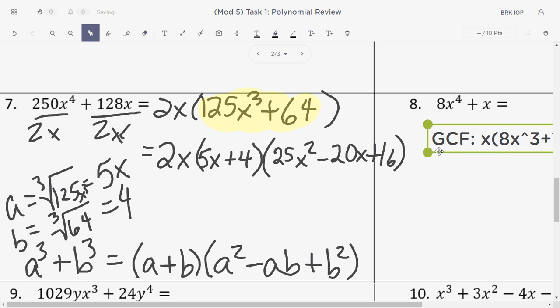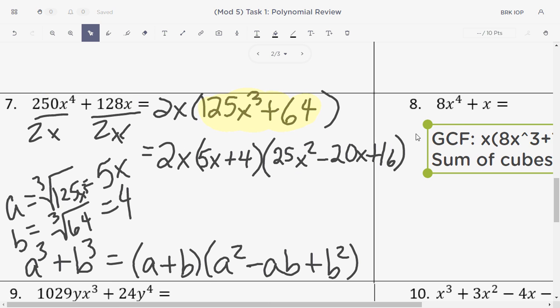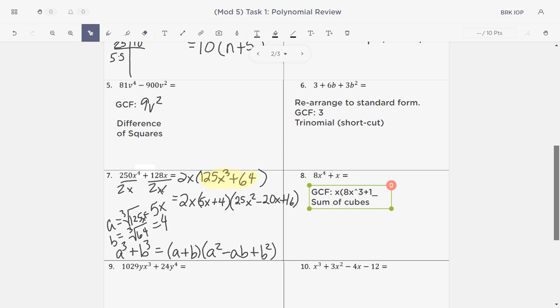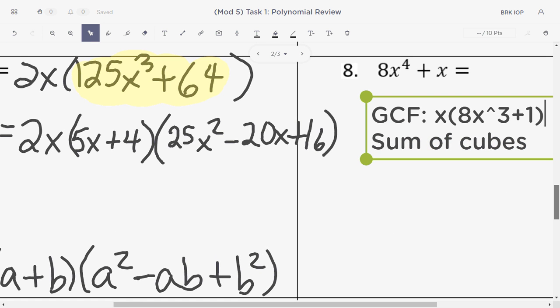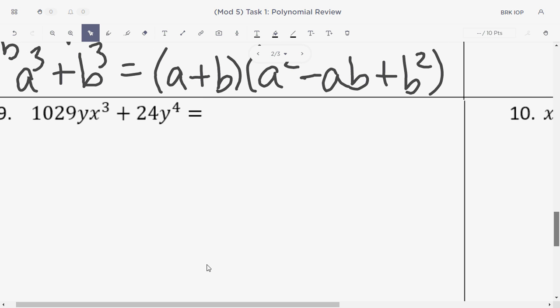That's what you're going to get. And then you're going to do sum of cubes again. Okay. And then pause and do it, or move on and come back to it.